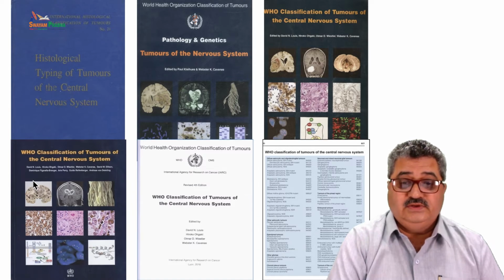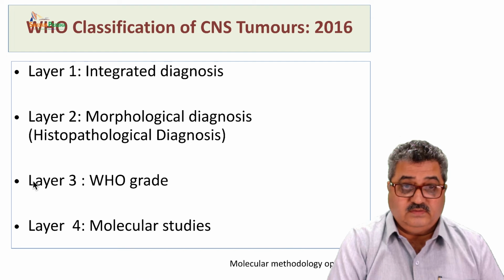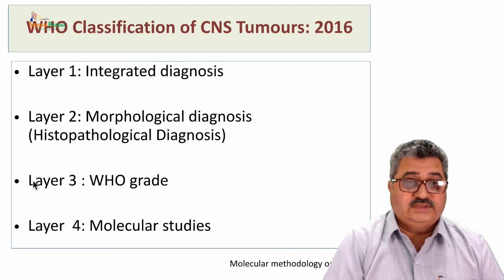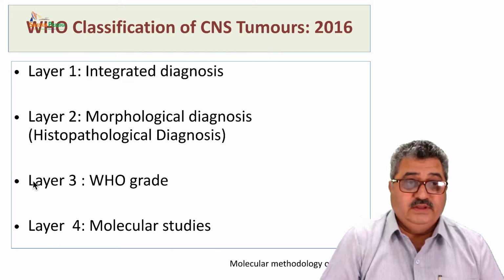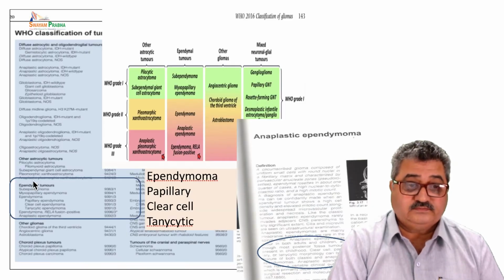So in the last WHO in 2016, WHO suggested that ependymoma should be diagnosed like other brain tumors in an integrated fashion. The diagnosis should be provided based on the morphology, WHO grade, and molecular studies.